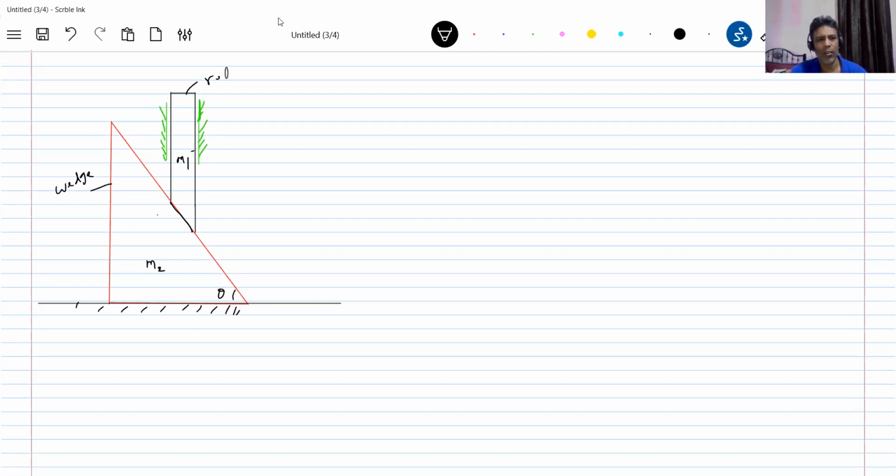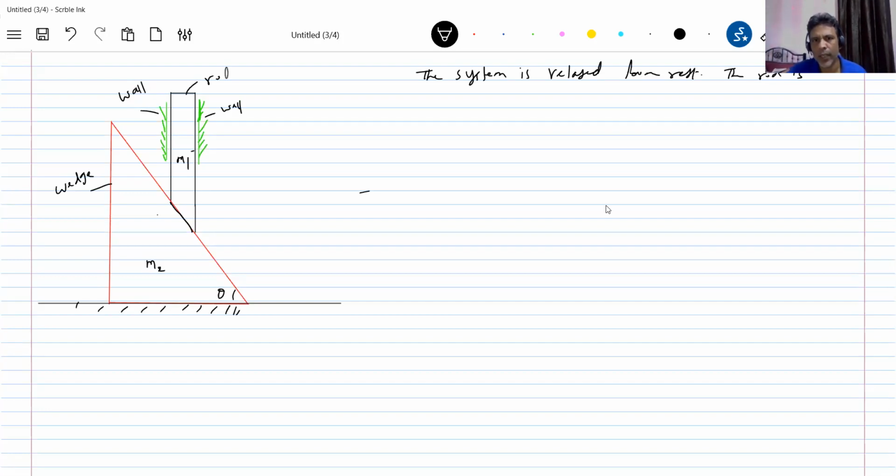The rod is made to move only in the vertical direction by this wall. What the wall will do is not permit the rod to move horizontally. Like this. So the system is released from rest.